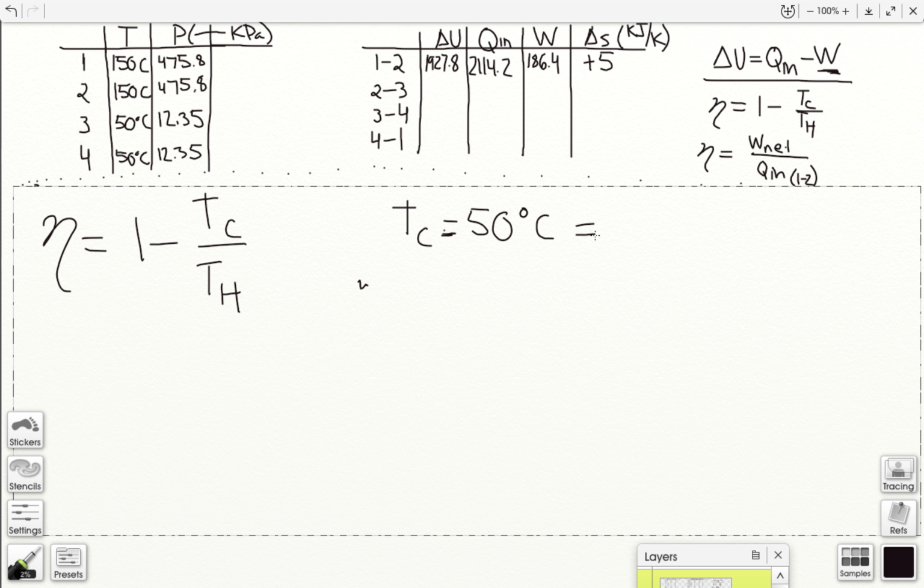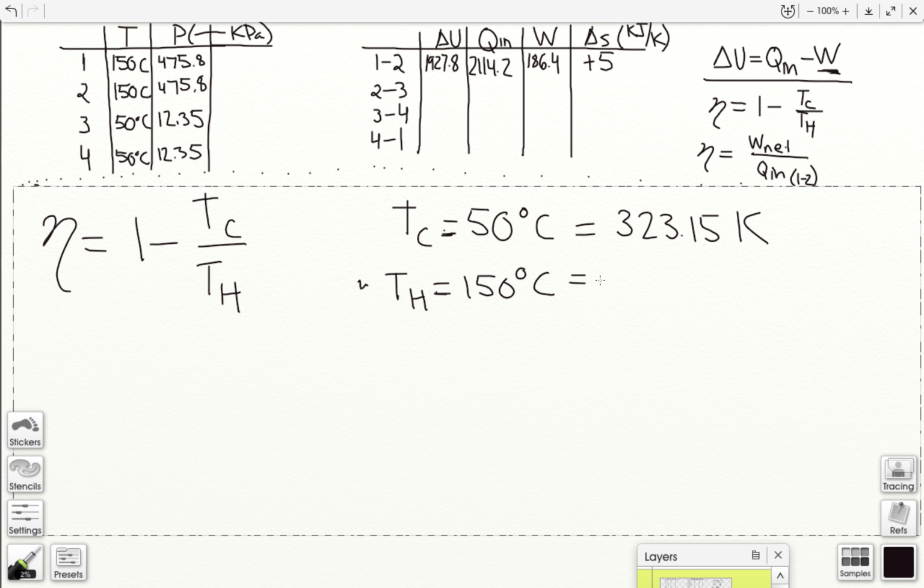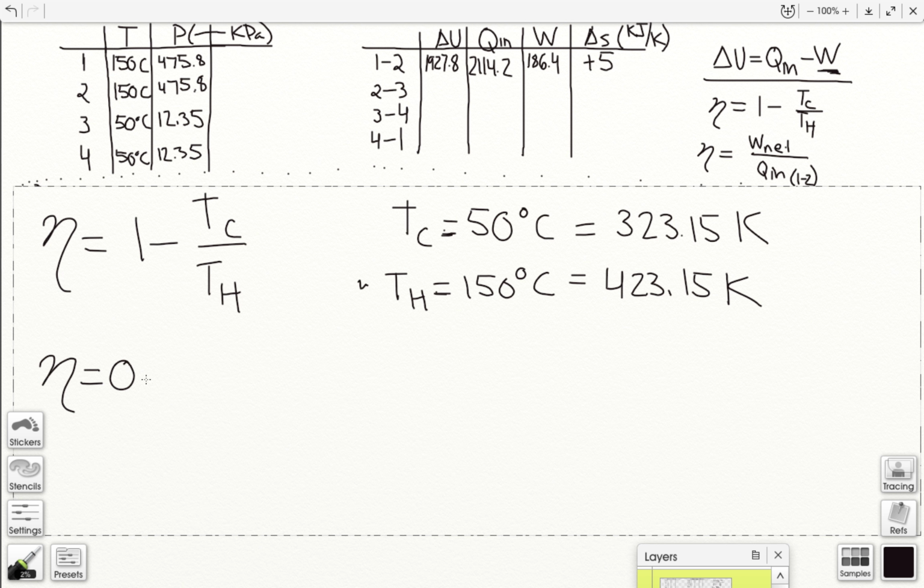So in Kelvin, this is equal to 323.15 Kelvin. Our Th was at 150 degrees Celsius, and this was 423.15 Kelvin. So if we plug these values in, we are going to get 23.6% efficiency.